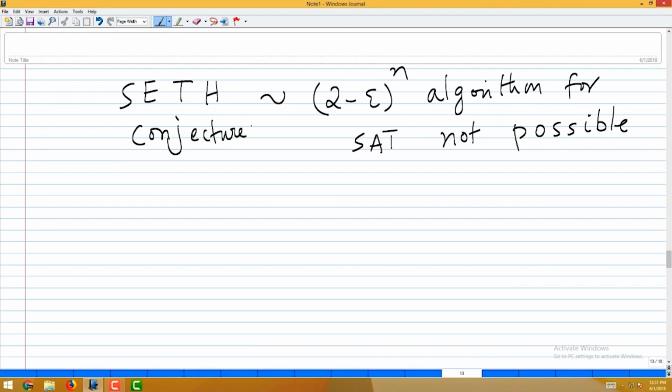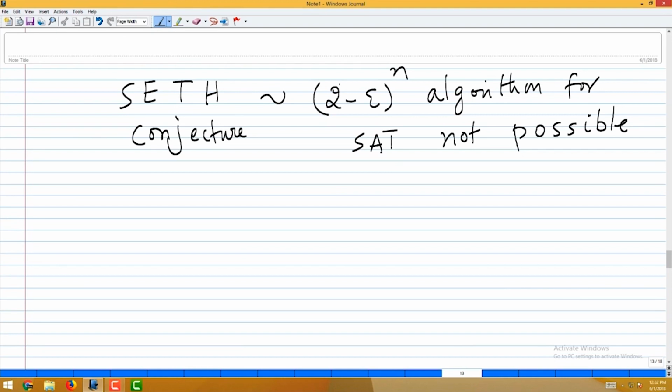Can I get a 1.3 power n algorithm? And the strong belief, again there is no intuition as such, there is some work around it, is called the strong exponential time hypothesis. For general SAT, you do not expect even a 1.9 power n algorithm. So far we do not know, and this is just a belief again.